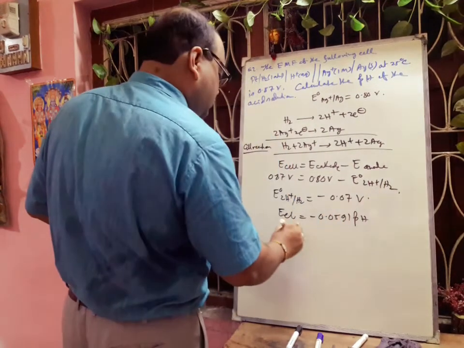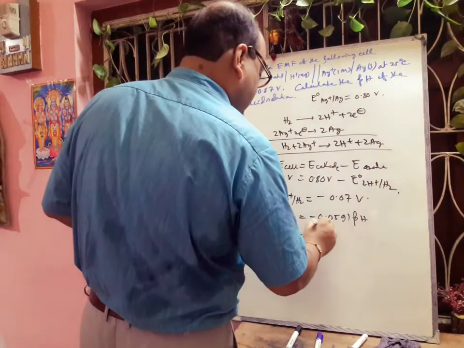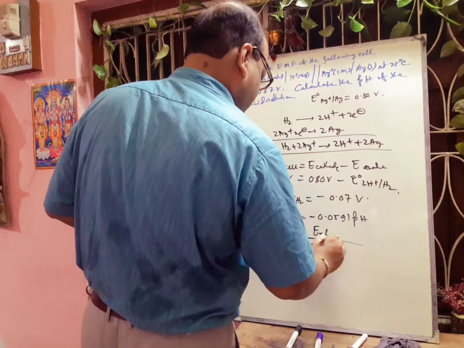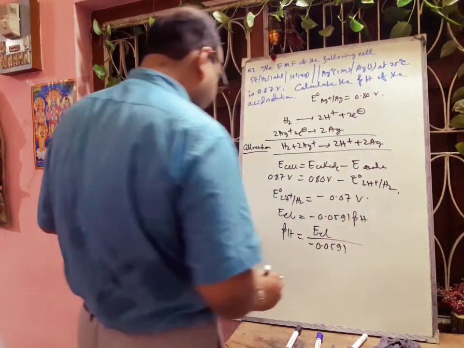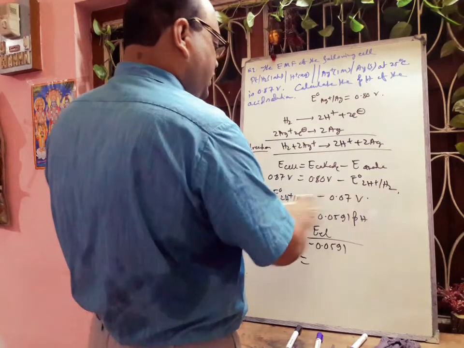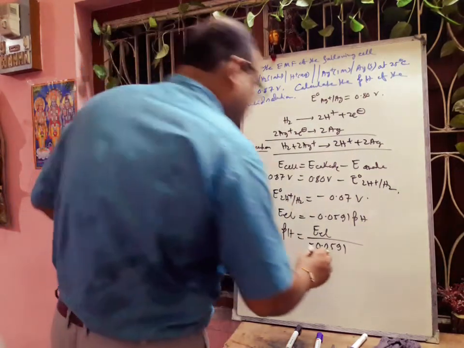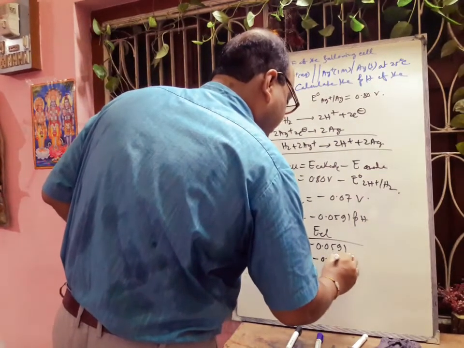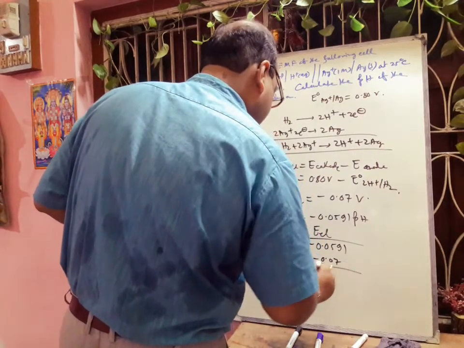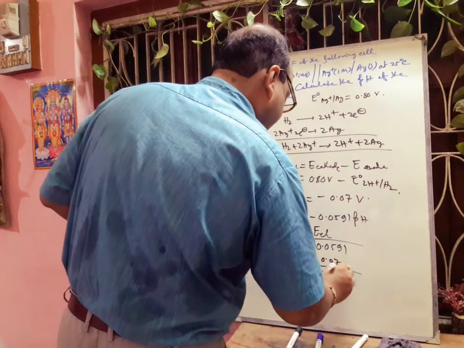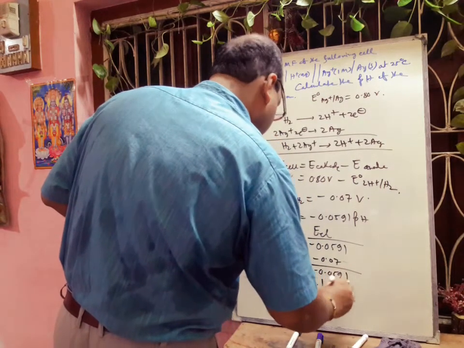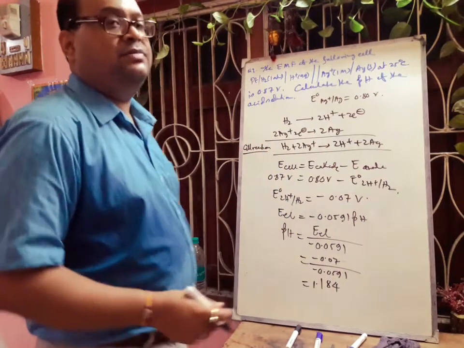So pH is equal to E of electrode divided by minus 0.0591. Here we have already calculated the hydrogen electrode potential, minus 0.07 volt, divided by 0.0591. If you calculate, you will get 1.184. So that will be the pH of the acid solution.